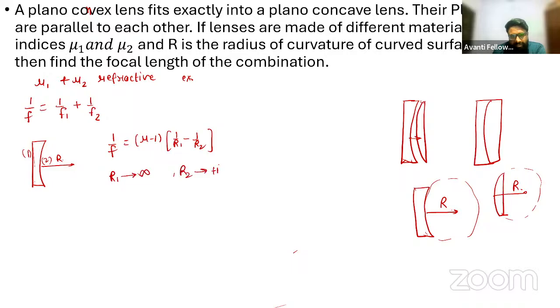So 1/f is equal to (μ-1)(1/r1), which is what? Infinity. And infinity, of what kind, minus infinity. Okay. And this is plus R, so it will become -1/r. Okay. Is that clear? -1/infinity is zero. So 1 upon f1 that you are getting here is mu minus 1 into minus 1 upon r.